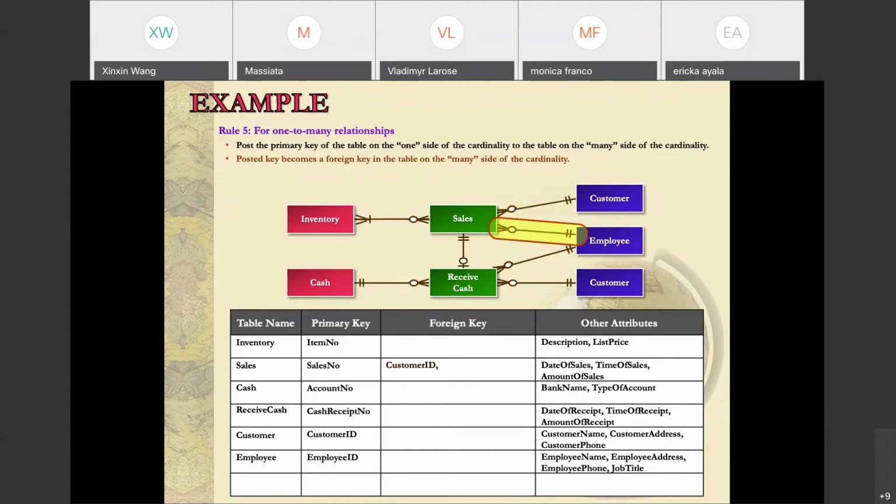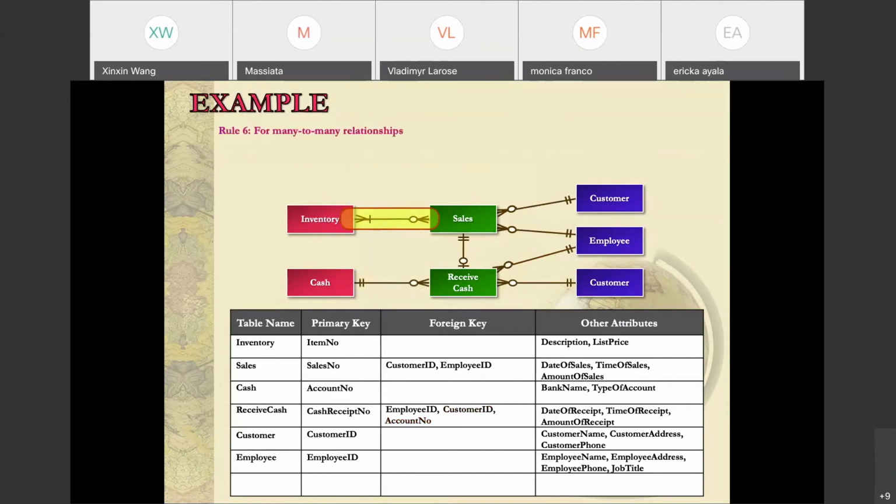We look at the other ones. We identify that the employee ID will also be a foreign key of the sales table. Right? So following these procedures, we can identify all the foreign keys of the tables.